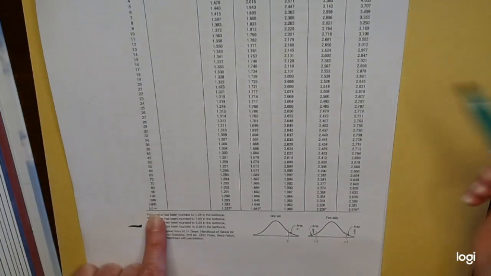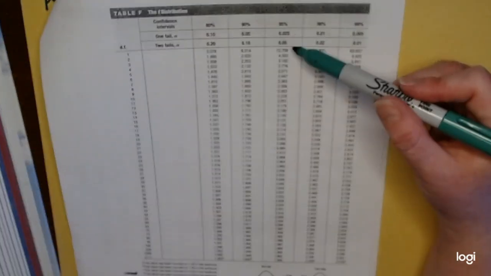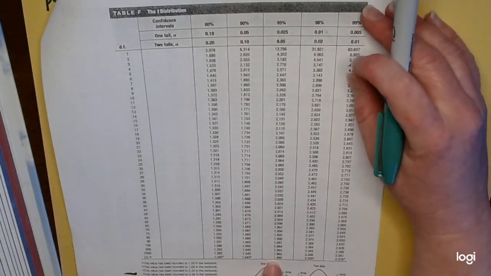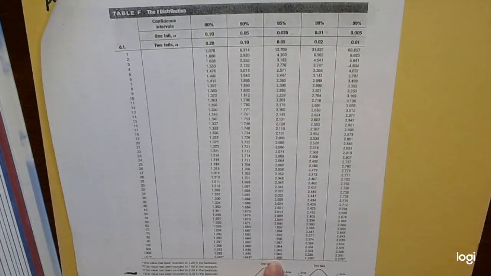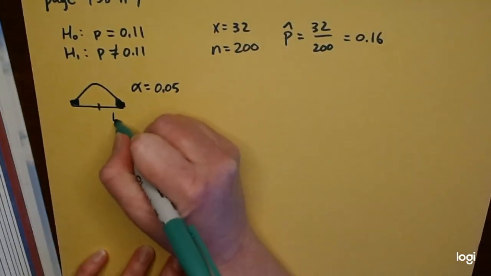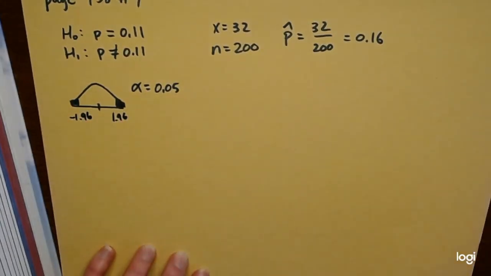With an alpha of 0.05 in two tails, I'm looking at that middle column, and if I go all the way down to get the Z-score, it's 1.96. So I have positive 1.96 and negative 1.96 as my critical values.